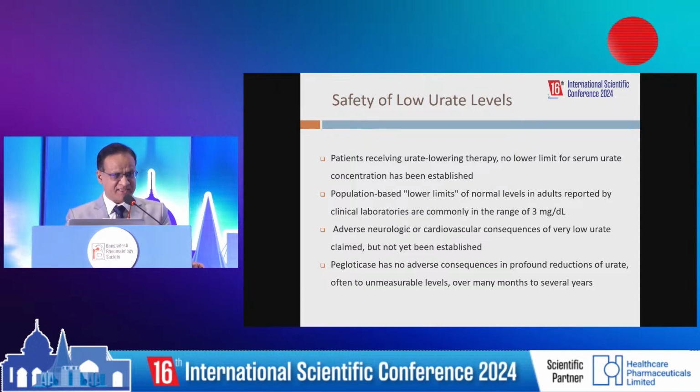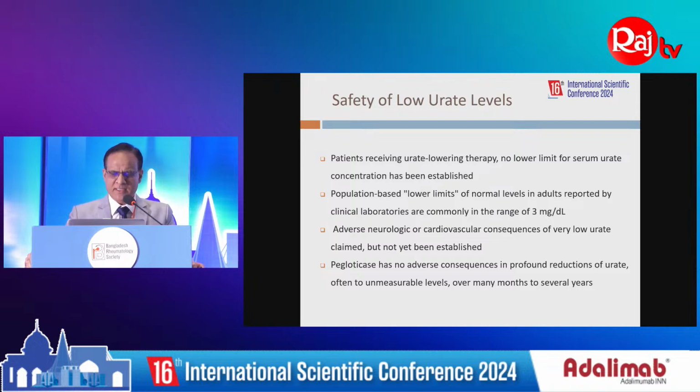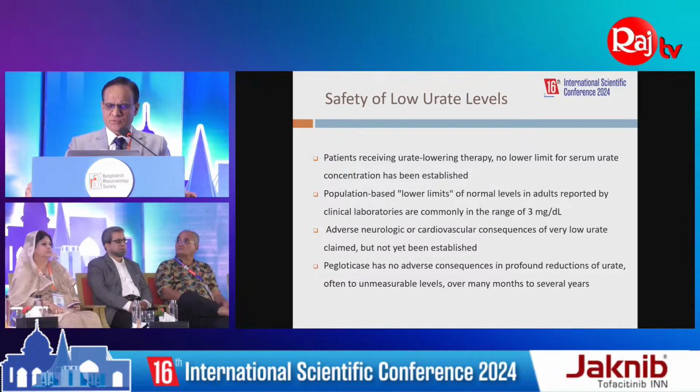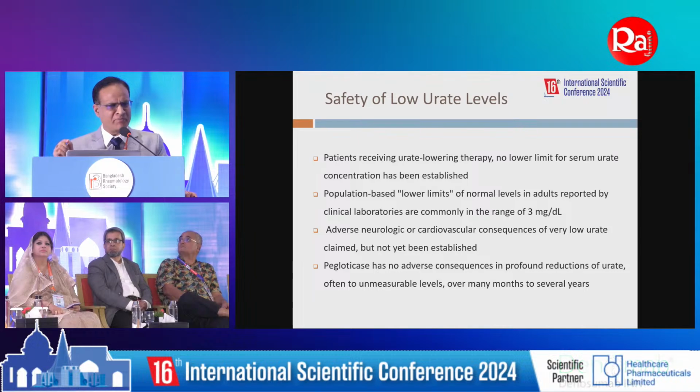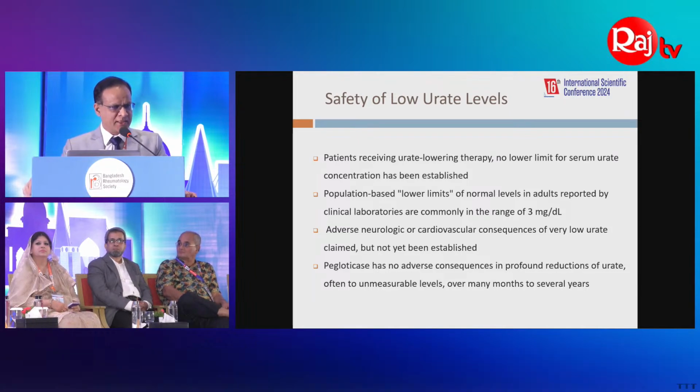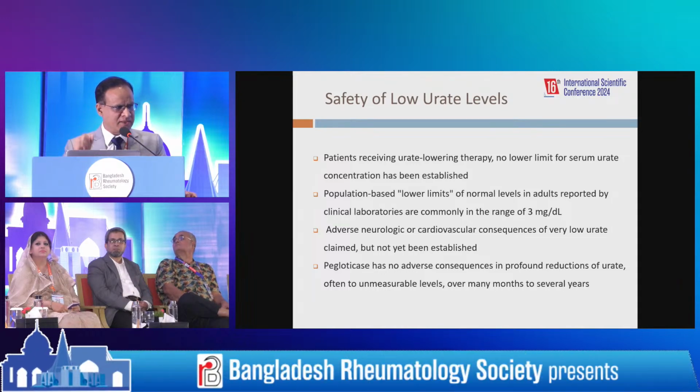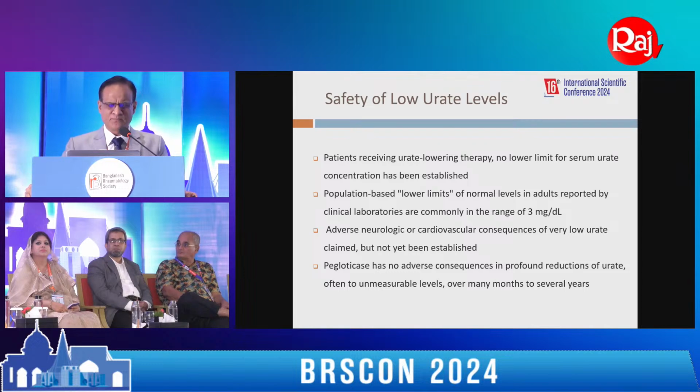The best example is pegloticase, with no adverse consequence from profound reduction of urate level, often to unmeasurable level over many months to many years. So it is proof that even zero urate level is not harmful for us and our patients.